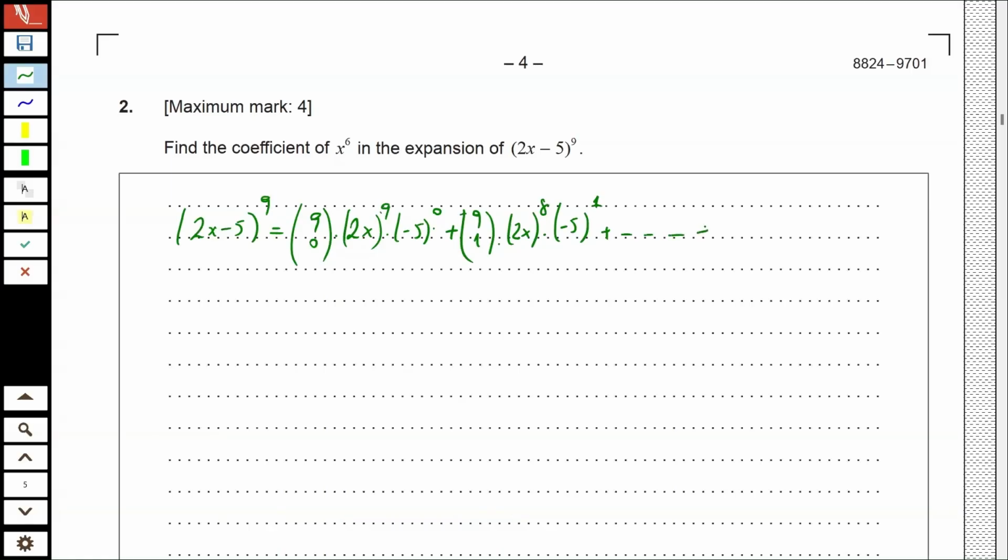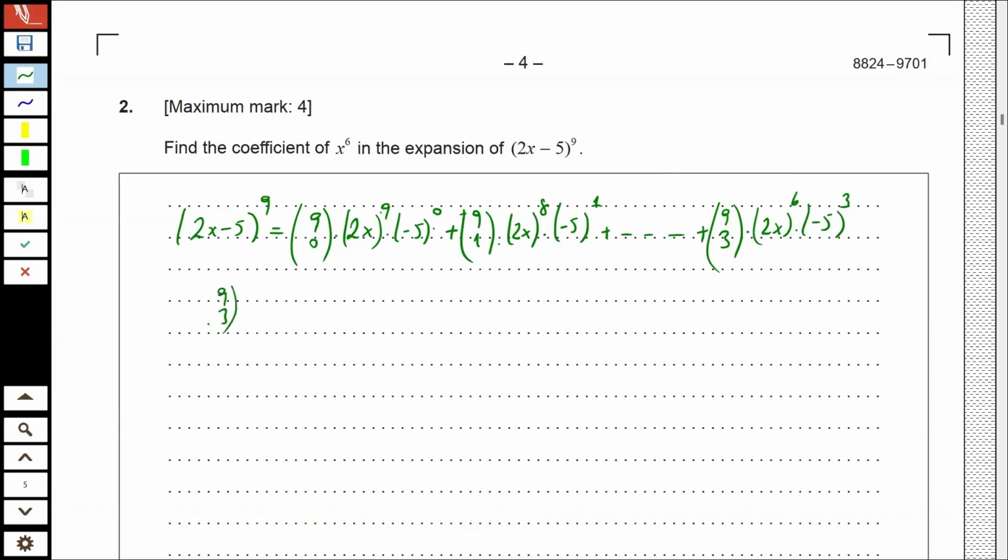It's going like this, but we are looking for the 6th power of x. In this case, I'm going to write 9 choose 3, 2 times x to the power of 6, minus 5 to the power of 3.